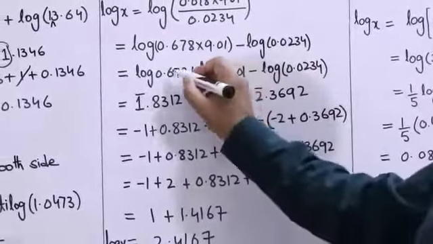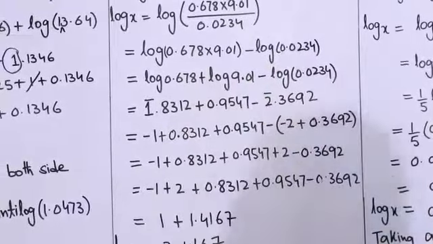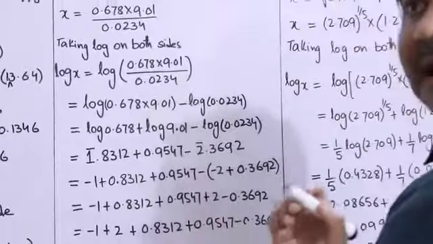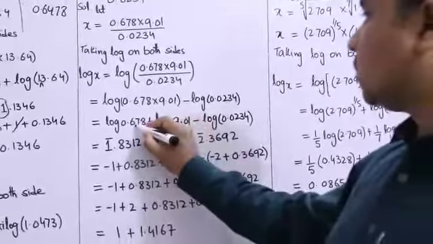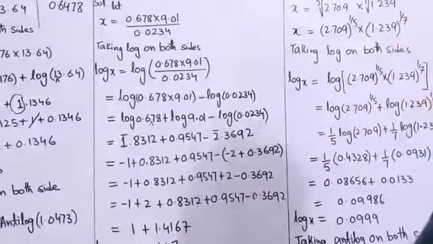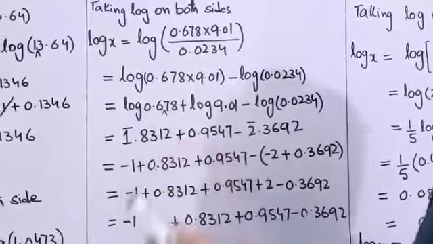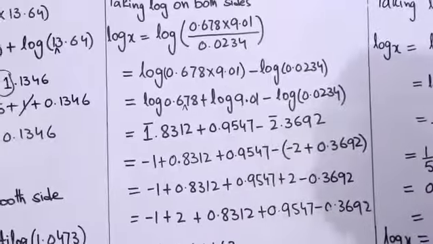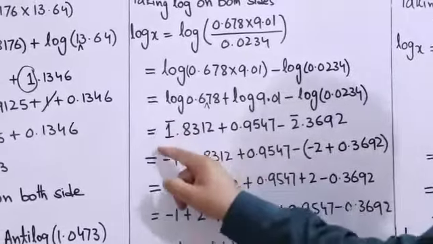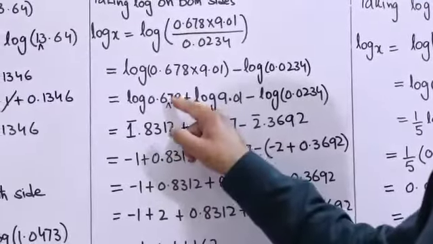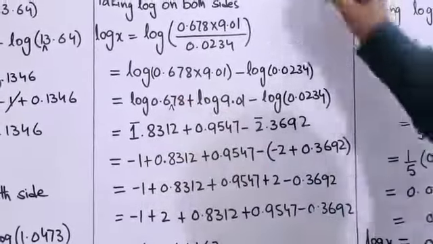So now how can we take the logarithm? First, this value is less than 1, so our characteristic will be negative. Here is the first non-zero digit, the reference position is here, and there is one digit between the decimal point and the reference position, so our characteristic is -1. Now you have to find the log of 678.